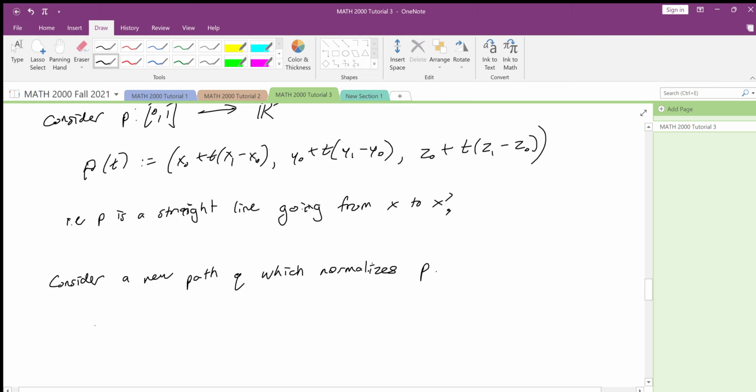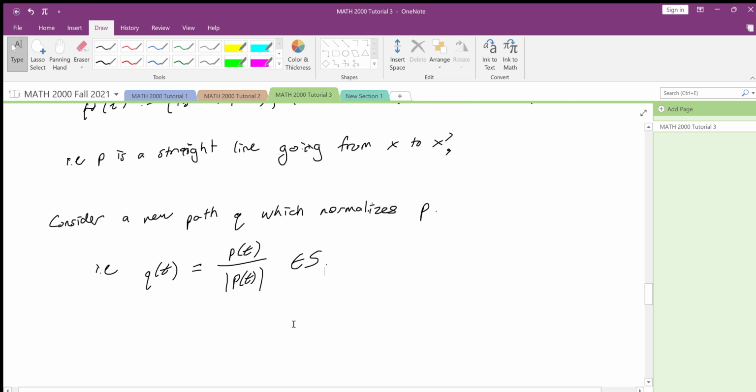So in other words, Q at time t will be equal to P of t divided by its norm. And since I'm dividing by the norm, the result is always in S. But we have to be careful that P of t is never equal to 0, because we can't divide by the 0 vector. The 0 vector has length 0.